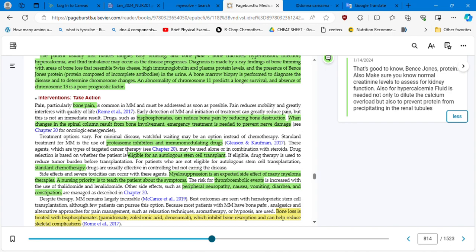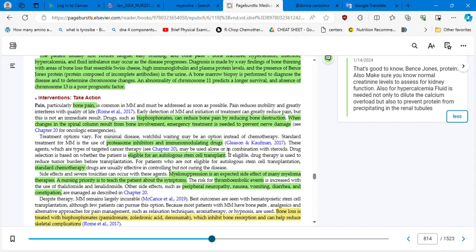Okay. Also, proteasome inhibitors and immunomodulating drugs. The list is long, includes your steroids, your cyclosporine, and you need to know about this because you are going to use these drugs in many conditions. Especially you need to master the side effects.